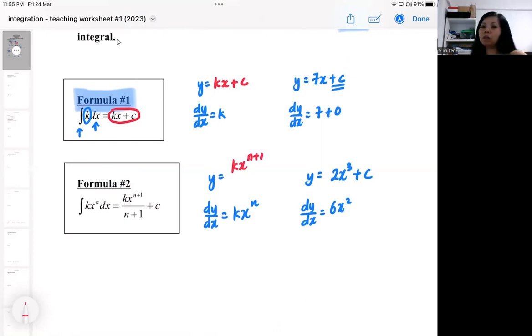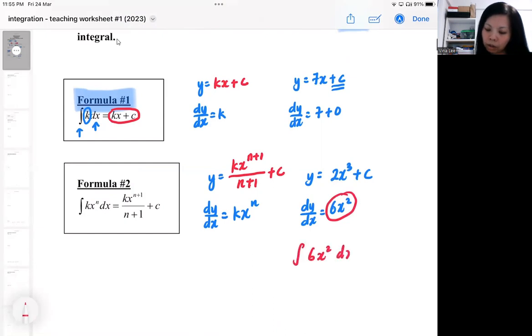And previously you multiply by the bring down power. So now you're going to divide by the new power. So if I try to use the formula, I add a power, I divide by the new power. So that's exactly how I got my 2x cubed.